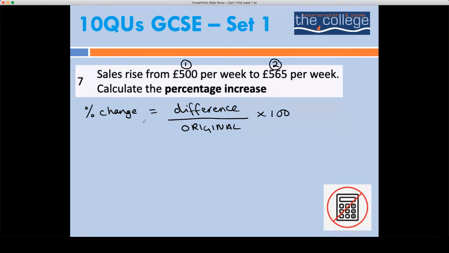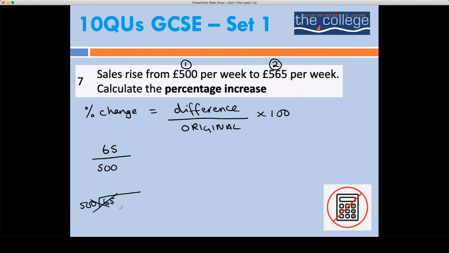Now, if we had a calculator, we would be doing the difference, which is 65, okay, divided by the original, which is 500, and then times by 100. But to do 65 divided by 500, that is this sort of calculation, okay, if you were to do this, and it's really quite tricky, okay. So without a calculator, we could fiddle around with this and explain why it works, but you know what?